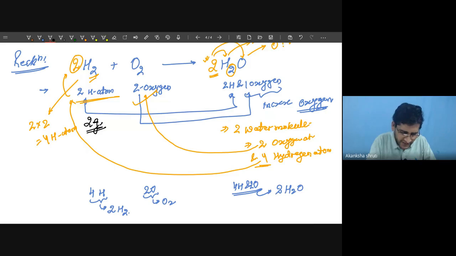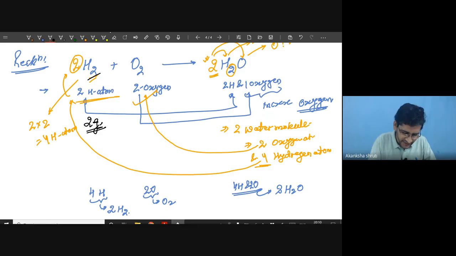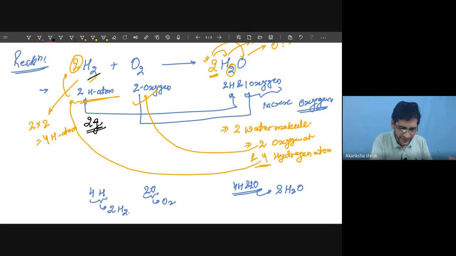But if I consider the idea of atomic mass that we will learn later, one hydrogen atom has mass 1 unit and it is occurring 4 times. So it is total 4 gram. This we will see later. It is after this topic.